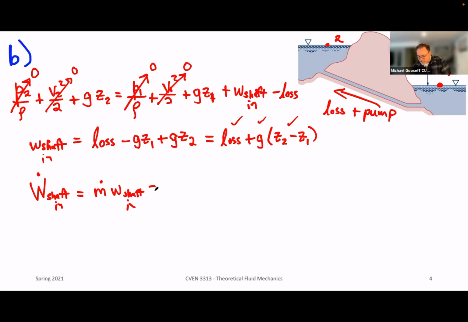Okay, so this M dot, of course, we know is rho times Q. So we've got rho times Q times now this loss plus G times Z2 minus Z1.